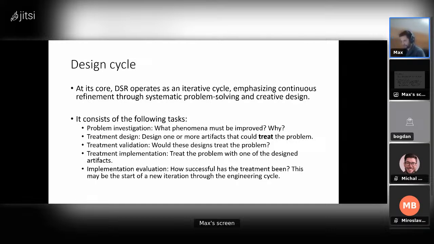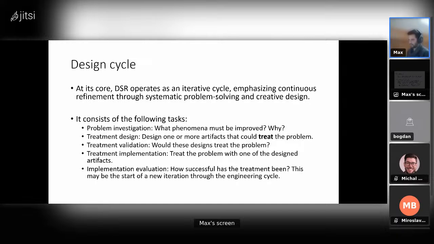I really want to emphasize the word treatment. Usually we use solution, but the author of the book really emphasized that when you create an artifact, it can lead to more design problems or more questions. Most of the time, an artifact is not a solution, but really just a part of the solution.